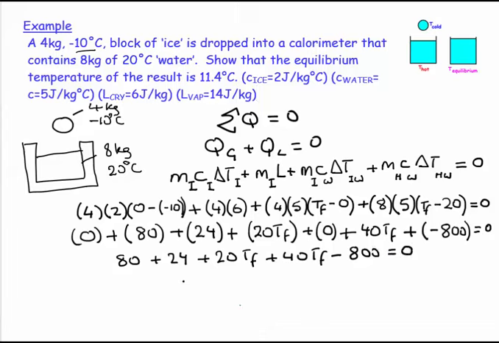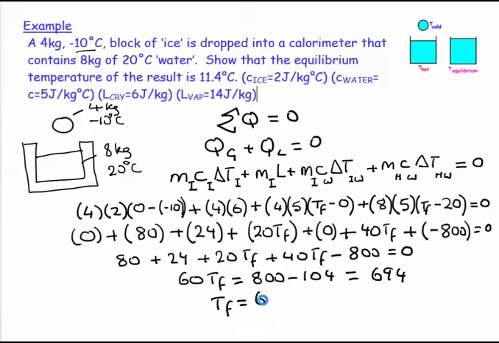This is going to be 60 TF is going to equal, that goes to the other side and becomes positive 800. This is 104. So this is going to be minus 104. So this is going to be 694 TF.